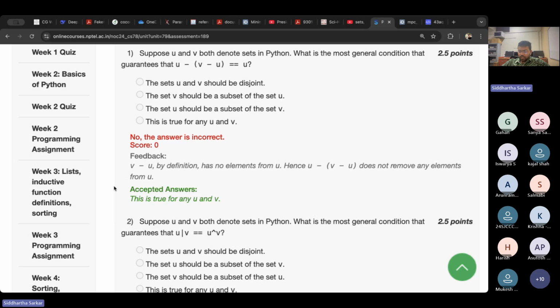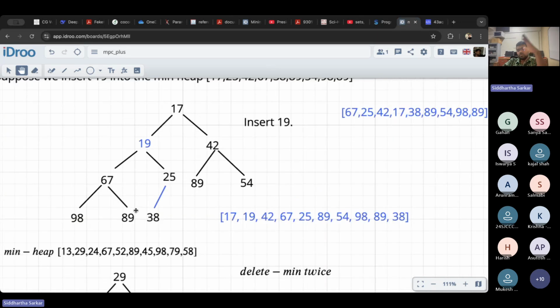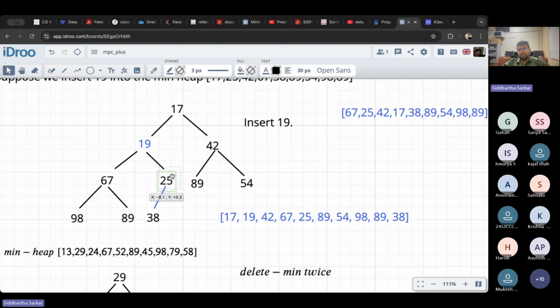Manoj is asking what are the conditions for max heap and min heap. So a heap is an almost complete binary tree. For example, if you look at it, all the levels are complete. So first level, one element is there, no other space left. Second level, two elements are there, no other space left. Third level, four elements are there. Fourth level, how many elements should be there in a complete binary tree?